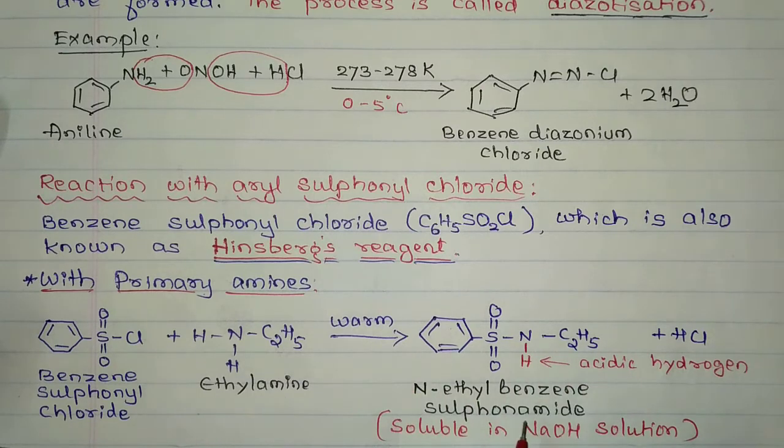The solution becomes very clear, that is known as a homogeneous solution. Add acid to this, that is known as acidification, and you are going to get the insoluble sulfonamide in the form of a precipitate. This is the reaction of primary amines with benzene sulfonyl chloride.